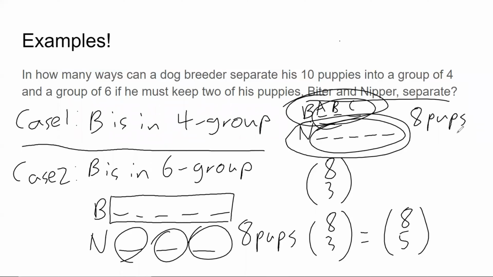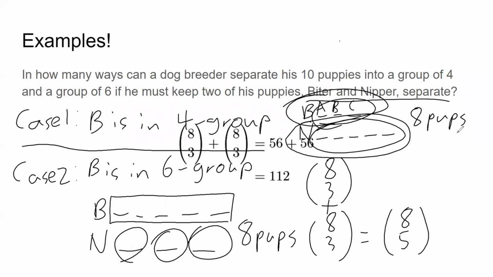So then therefore the answer is the sum of the 2 cases, which is 8 choose 3 plus 8 choose 3. And that gives you 112. I saw a few people got that, so that's correct.